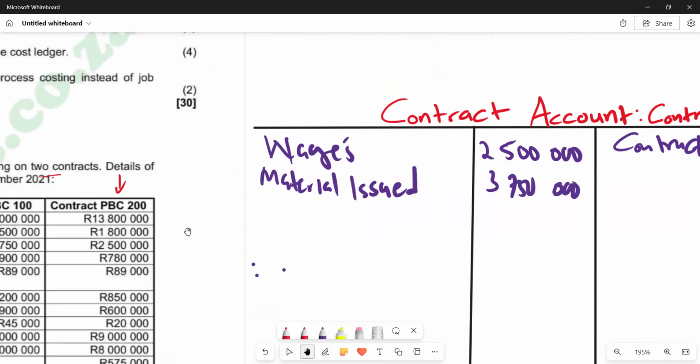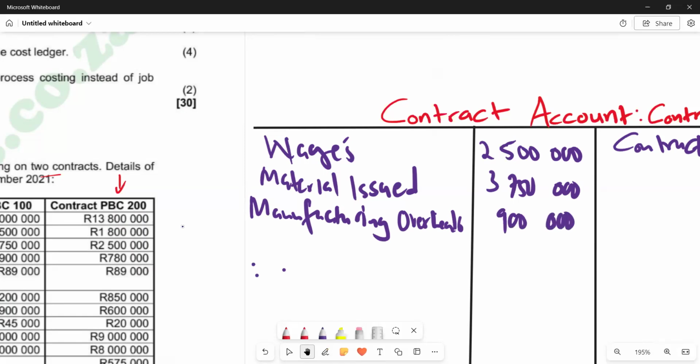Then we also have manufacturing overheads that we've identified. So this is manufacturing overheads, and the amount that we identified is 900,000. So this is what we have.